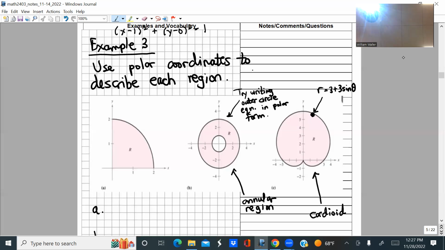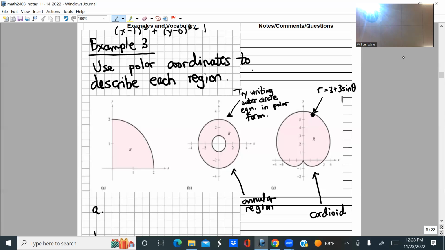Notice a region is a whole set of points, right? So we want to write down inequalities in polar coordinates whose solutions correspond to these regions. For some regions that might not be easy to do, but because of the shape of these regions, it's fairly easy.